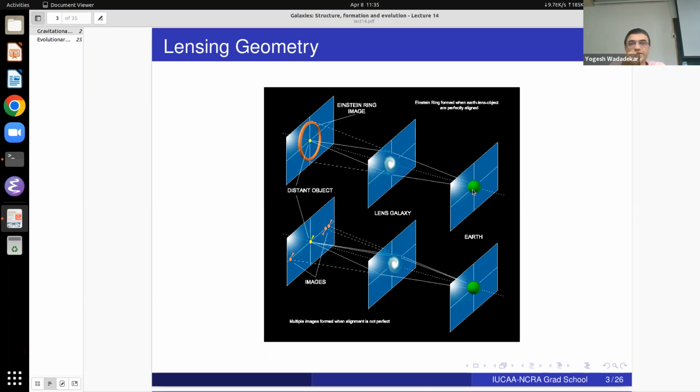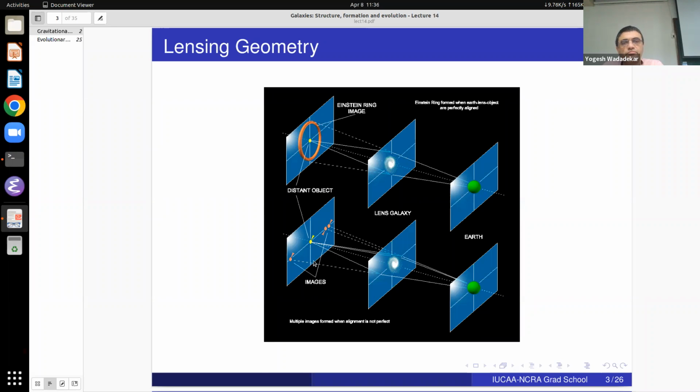So if the situation is completely symmetric, then what happens is you see the Einstein ring. Okay, so this is what you see over here. This is known as the Einstein ring. So there is a single point source exactly behind the galaxy, which produces this ring.